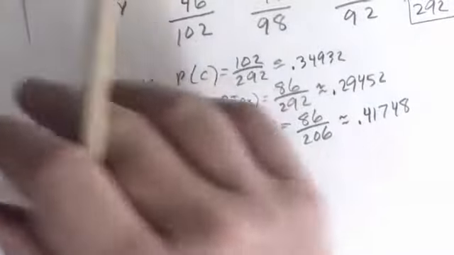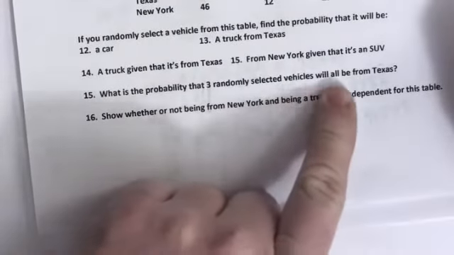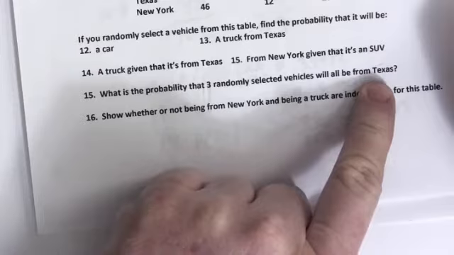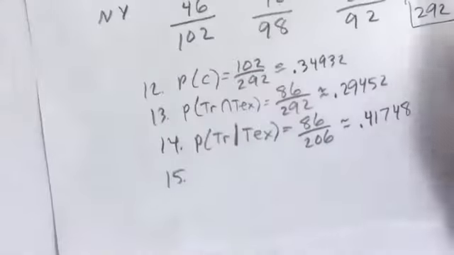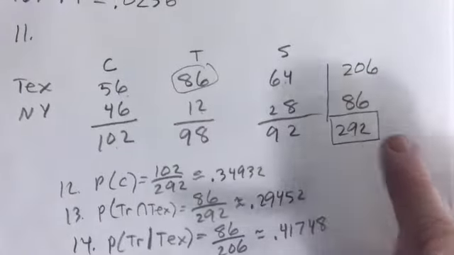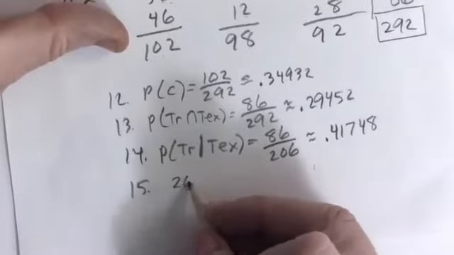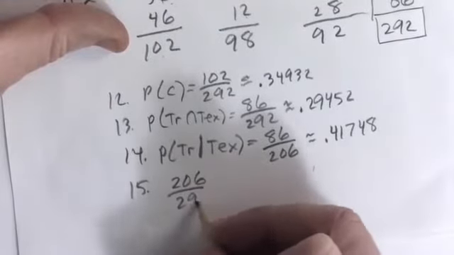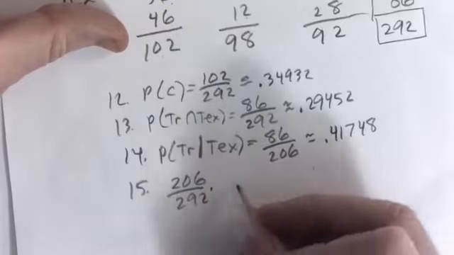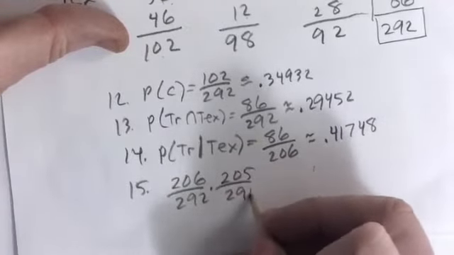Number 15. So what is the probability that 3 randomly selected vehicles will all be from Texas? Well, from Texas, there's a total of 206 vehicles. So the probability that the first one will be from Texas is going to be 206 out of 292. Now, given the first one's from Texas, the probability the second one's going to be from Texas is now 205 out of 291 because we took one of them out.